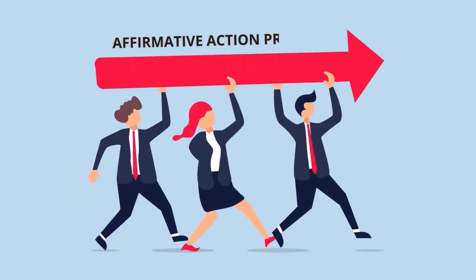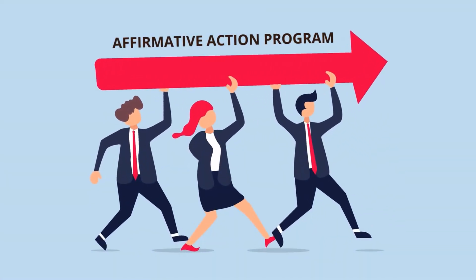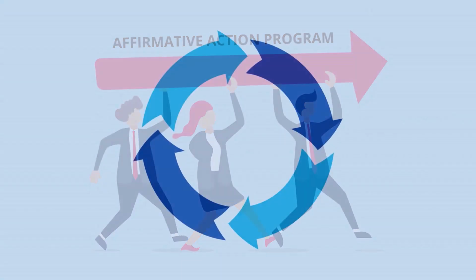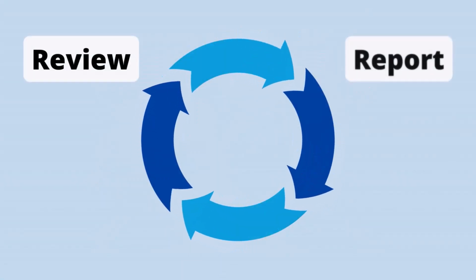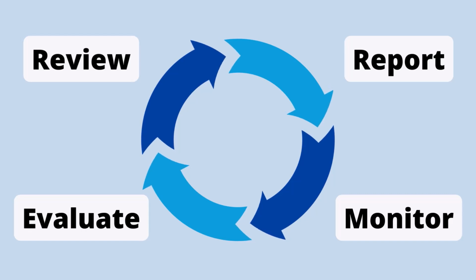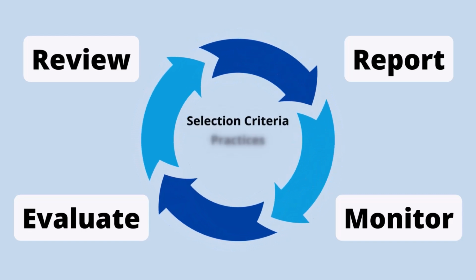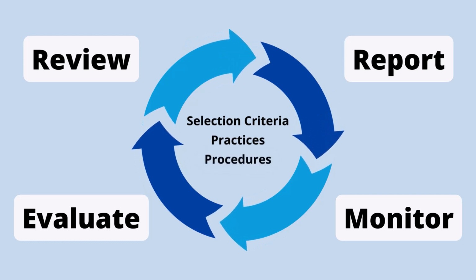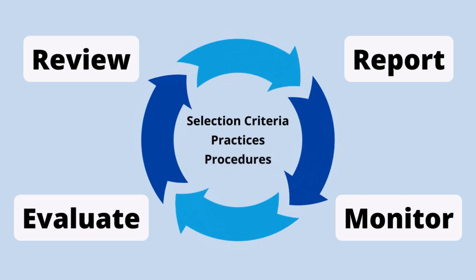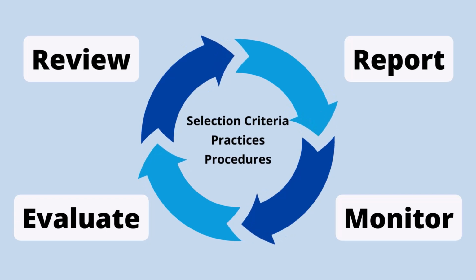To ensure the ongoing improvement and effectiveness of your affirmative action program, it's crucial to engage in periodic review, reporting, monitoring, and evaluation. This involves reviewing and revising selection criteria, practices, and procedures to minimize bias and ensure fair evaluation of both external and internal candidates.